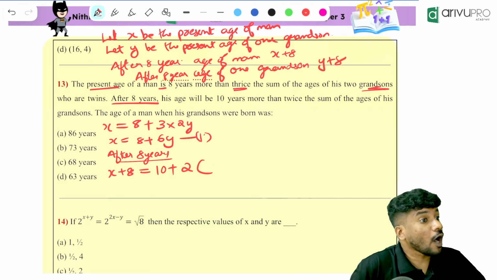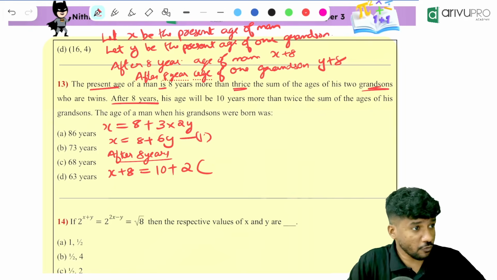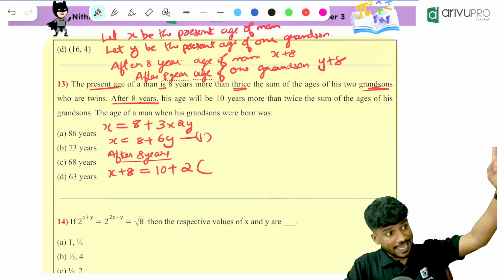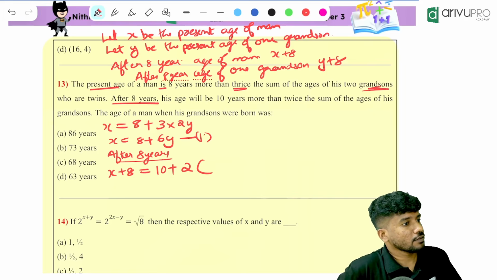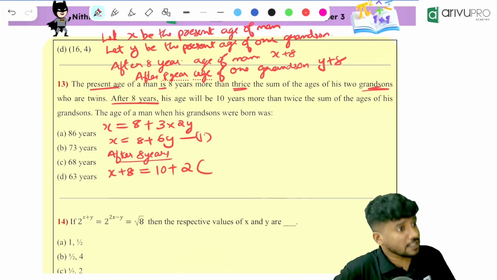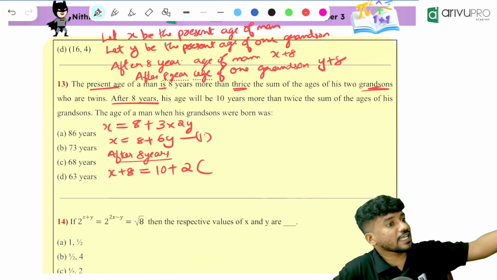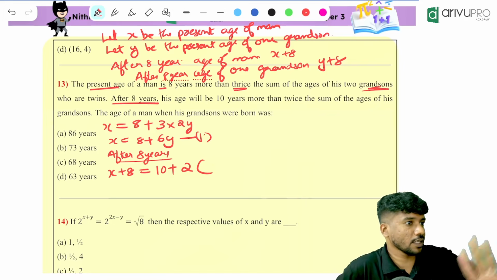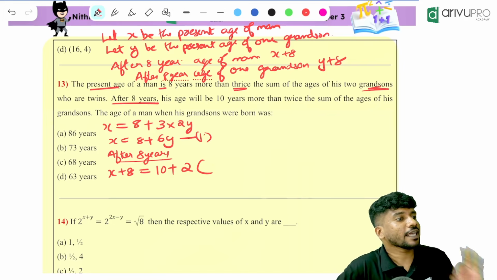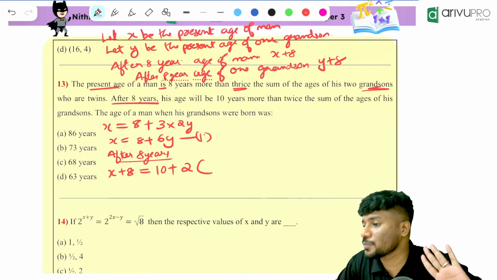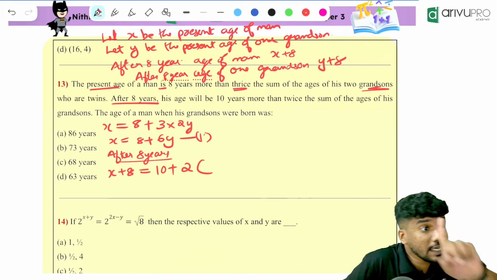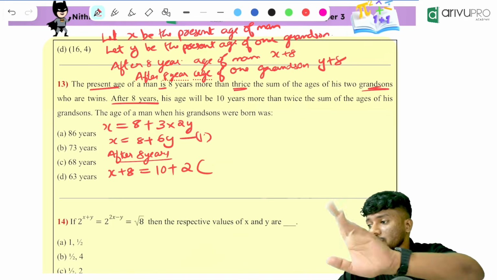Yes, Soumya, for example, now you are X years old. After 8 years, you will be X plus 8. For example, now you are 18 years old. After 8 years, you will be 18 plus 8. That is 26 years. That's why I am writing X plus 8. After 8 years, the man will be X plus 8. One grandson will be Y plus 8.